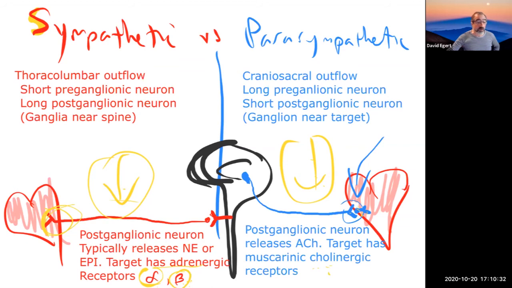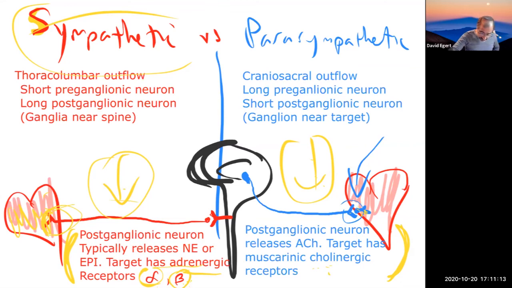So that's why it's important to really understand at a fundamental level that they are using different neurotransmitters, and we have pharmacological tools that can go in and preferentially block or activate one or the other side of your autonomic nervous system. Right? If someone has an asthma attack, you want to dilate their bronchial passages, you give them albuterol, which is an adrenergic agonist, something that is going to activate the adrenergic receptors, get the sympathetic thing going.